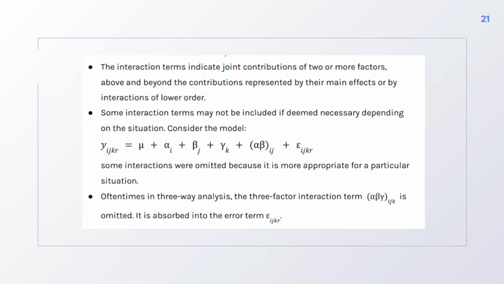Diba? So parang redundant ba pag magkakaroon ng interaction effect yung tatlo? Kung pwede naman natin siyang combine with the error term. And baka mas magkaroon pa tayo ng mas better view or analysis on the error terms. So yun po yung last point. And I think this is the last slide po.